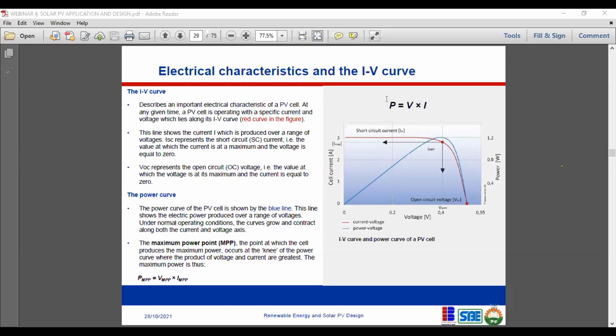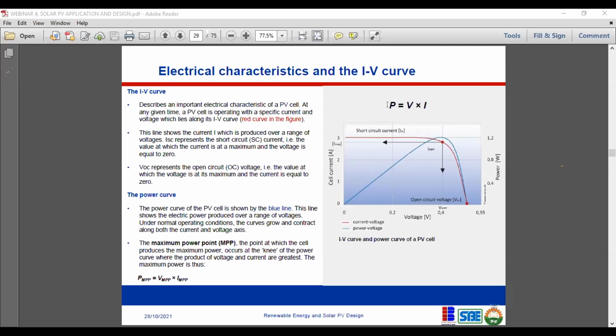It becomes 0. Now we want to maximize the voltage. This is where the voltage is maximum, but at maximum voltage, the current is 0. The power also becomes 0. So we are looking for a point where the value of voltage and current will give us the maximum power output.